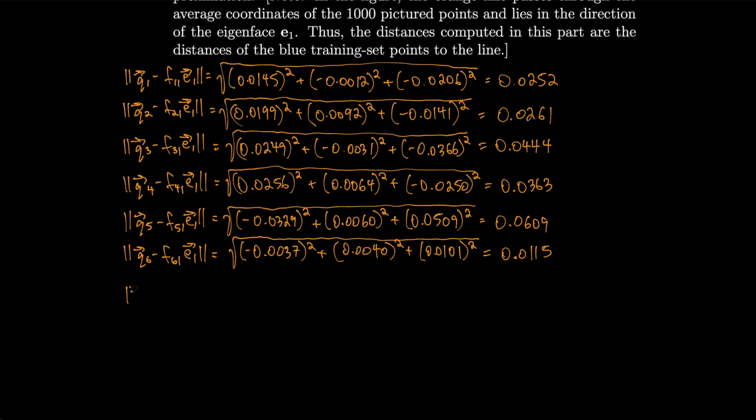Let's keep going. For Q7 minus F71 E1, we get 0.0076 squared plus 0.0270 squared plus 0.0061 squared.